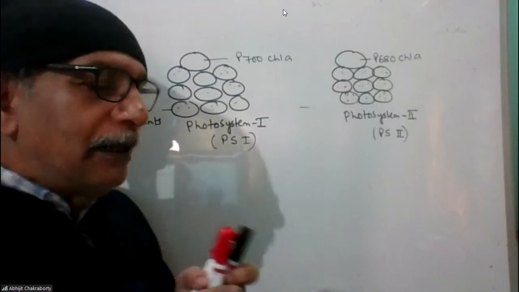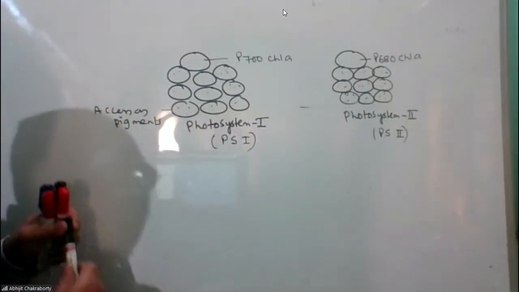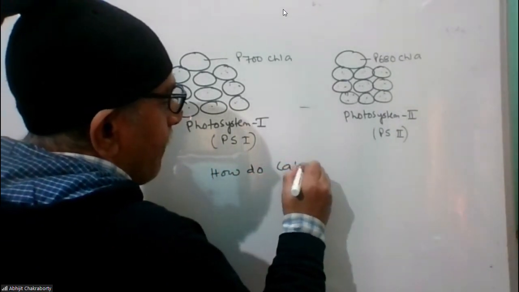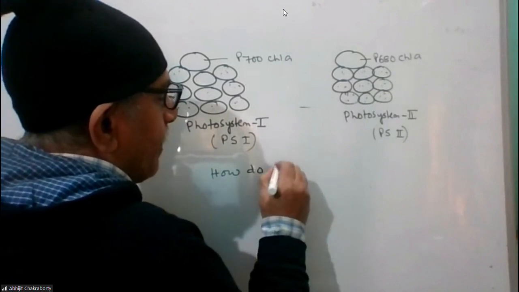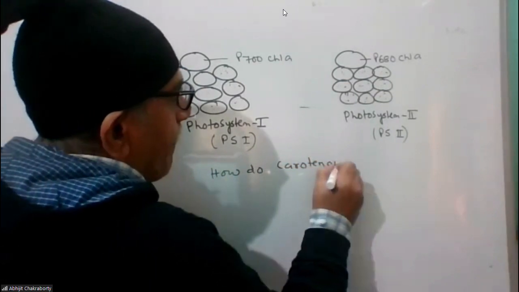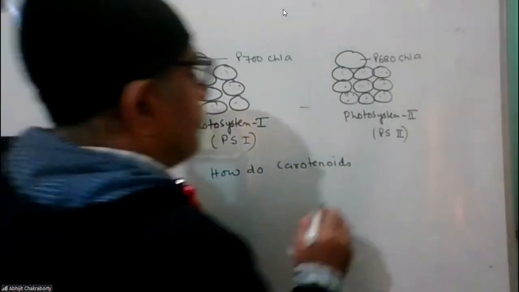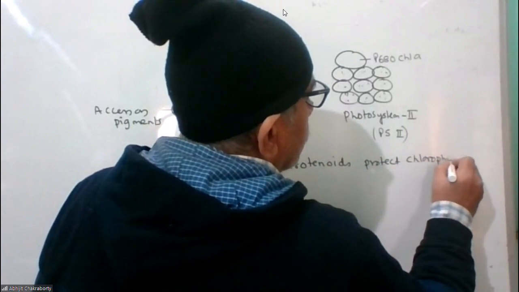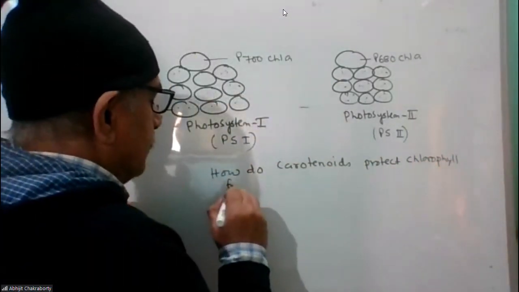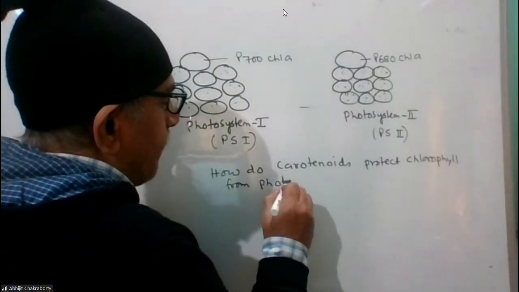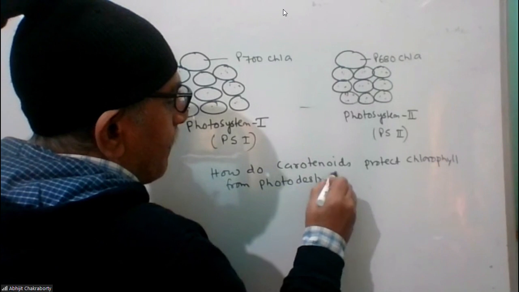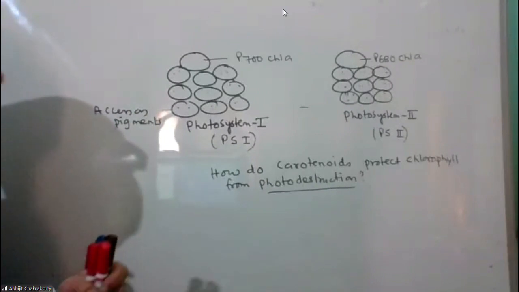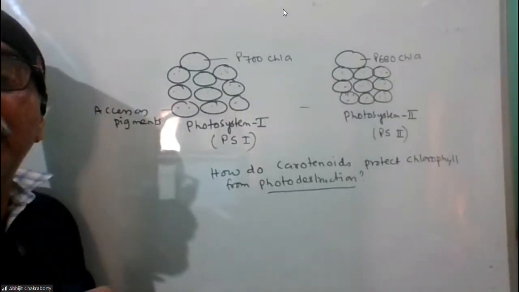Sometimes questions come: how do carotenoids protect chlorophyll from photodestruction?